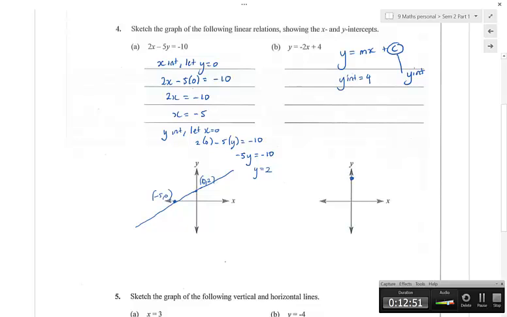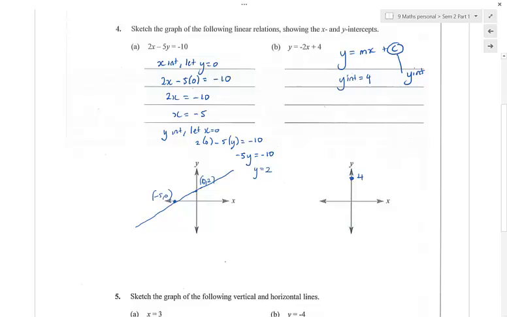In order to sketch the graph, we won't do coordinates yet, but we need to find the x-intercept. And of course, the x-intercept is not as easy. We let y equal 0. Same thing. So we go 0 is equal to minus 2x plus 4.